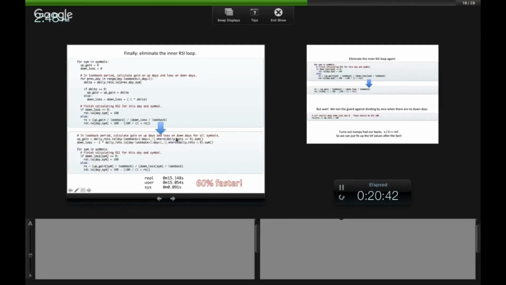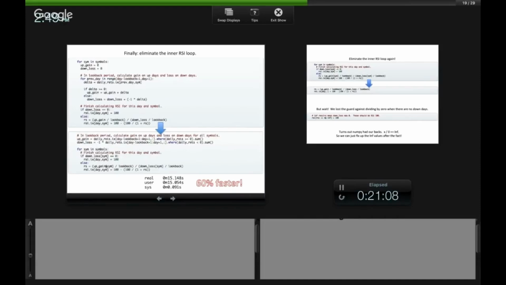This Boolean array keeps the indexes. So I get zeros for all the days where the condition wasn't true. So it doesn't impact my sum. So with this one statement, I get the up gain total for all up days in the period and the down loss total for all the days in the period. And then I can use those to do my calculation, and I've saved myself another 60% of the time.